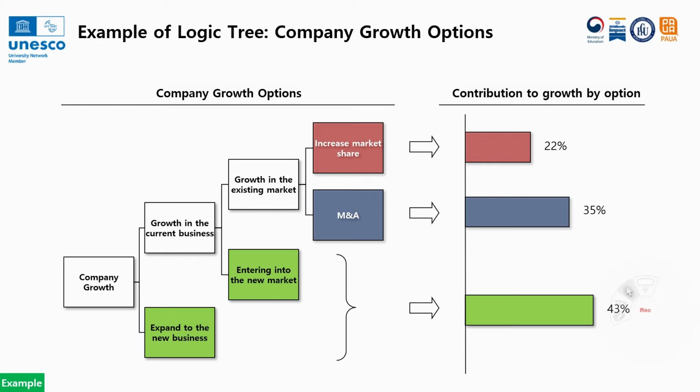Now let's move on a little bit deeper. Please look at the box of the growth in the existing market. What are the ways to grow in the existing market? One is simply increase the market share of our product in the existing market.